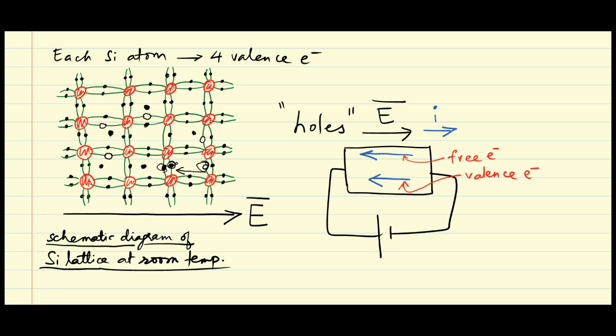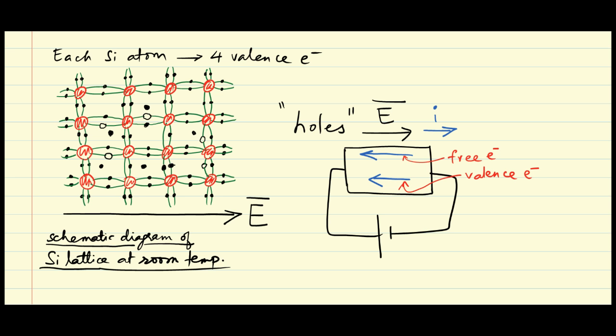So the valence electron which was over here went here, and the valence electron which was over here moved over here. So we note that it is the presence of these vacancies, what we have called holes, which causes the valence band electrons to contribute towards the electrical current.